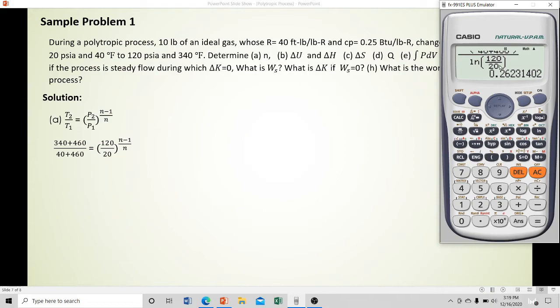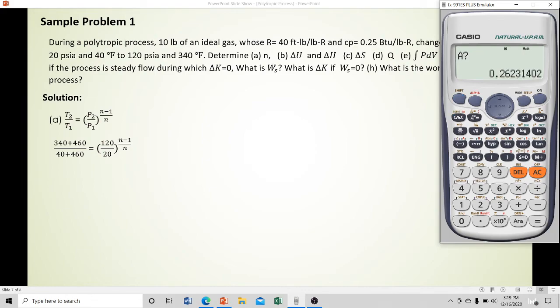So, we have this value. So, A store shift store A. So we have this value is equivalent to alpha n minus 1 over alpha n.